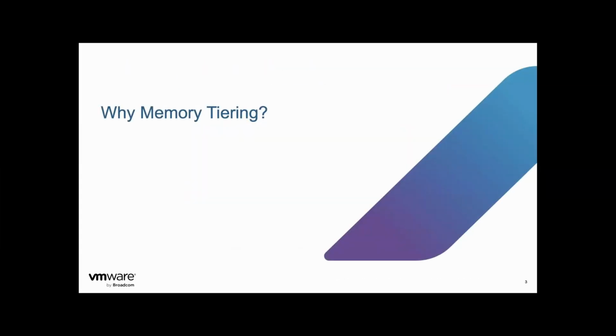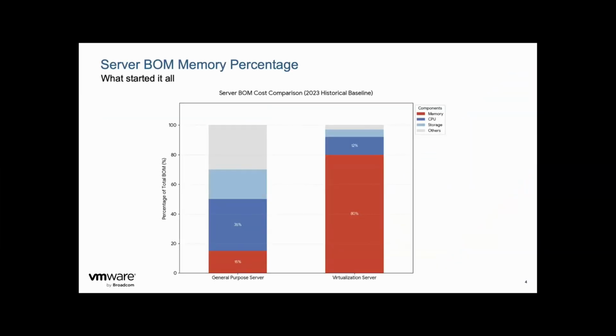I want to start with a quick look at why memory tiering. I'm not going to spend too much time here, but I think it's important to understand why we started this project. This may be a new feature for you, but we've been working on this for many years, maybe 3 or 4 years or more. What customers were telling us is that when I go out and price out a server for virtualization, I want to pile in as much CPU and memory as I can because I want to put as many VMs as I can.